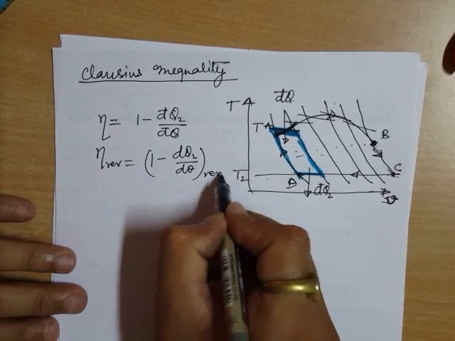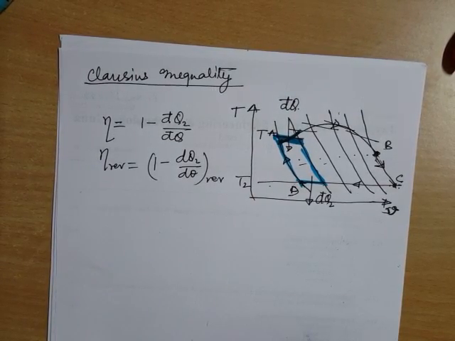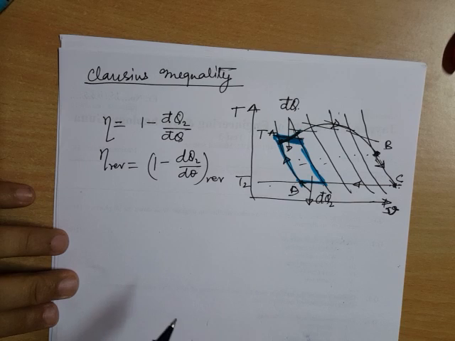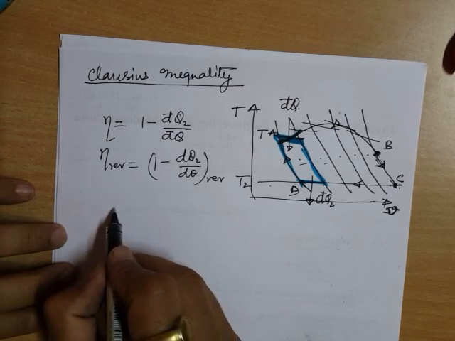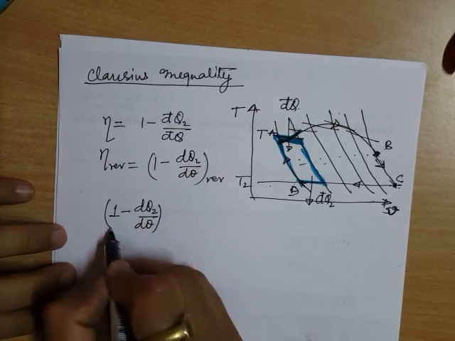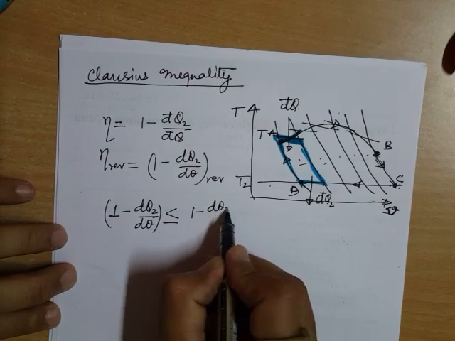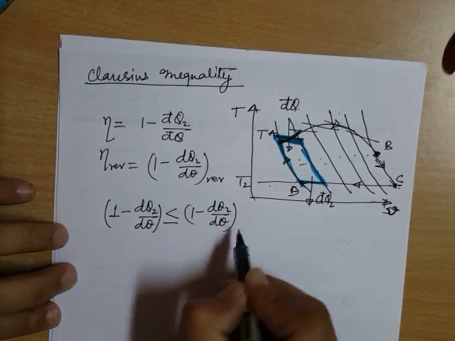This is reversible. And we know from the Carnot theorem that the efficiency of a reversible cycle will always be more than the efficiency of an irreversible cycle working between the same temperature limits. That means 1 minus dq2 by dq will always be less than or equal to 1 minus dq2 by dq for a reversible case.